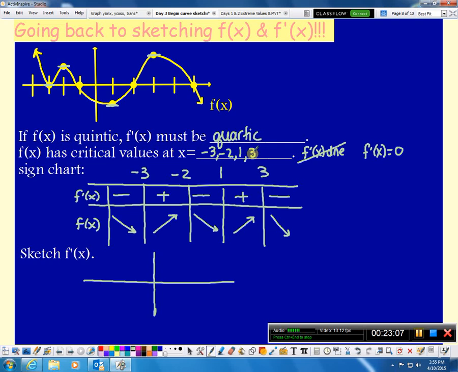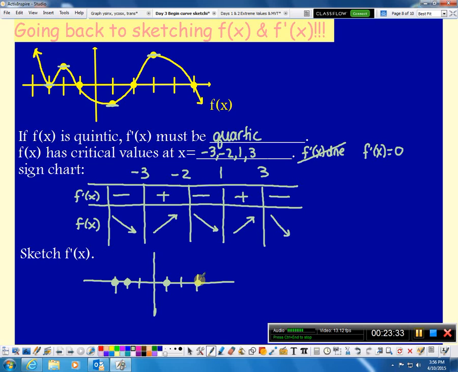Okay? Now, I could go further. At this point, I know that from -3 backward, the graph is below the x-axis. And remember, I know this is quartic. So below the x-axis would just have to kind of look like that.